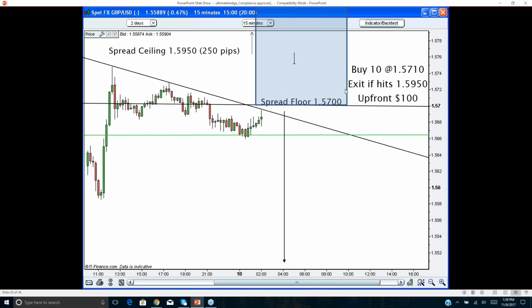If I buy at 5,710, the floor is at 5,700, there's 10 pips of risk there. So $10, and I'm going to buy 10 of them. So my risk is $100. And how much do I have to put up to enter this trade? $100. Everybody follow me? Floor is 5,700. I'm buying at 5,710, and I'm buying 10 of them.